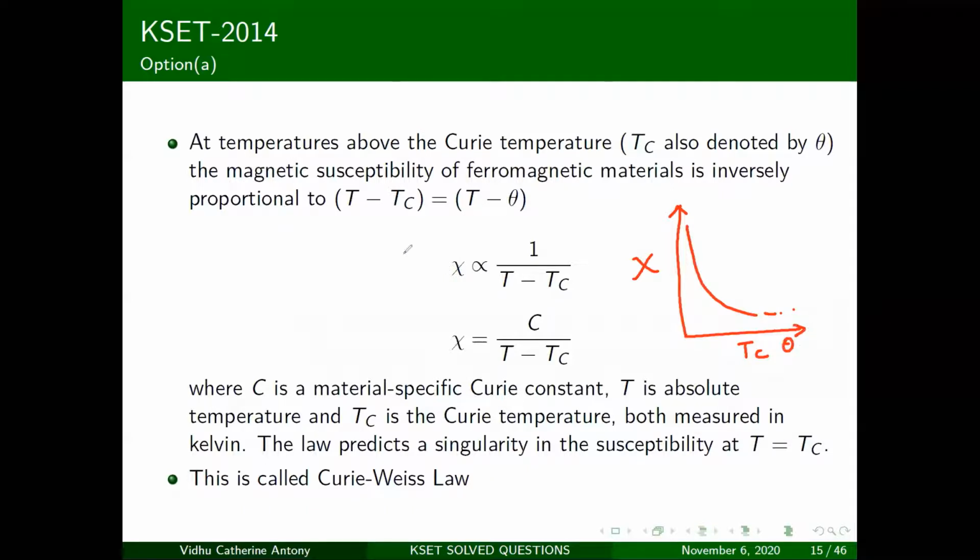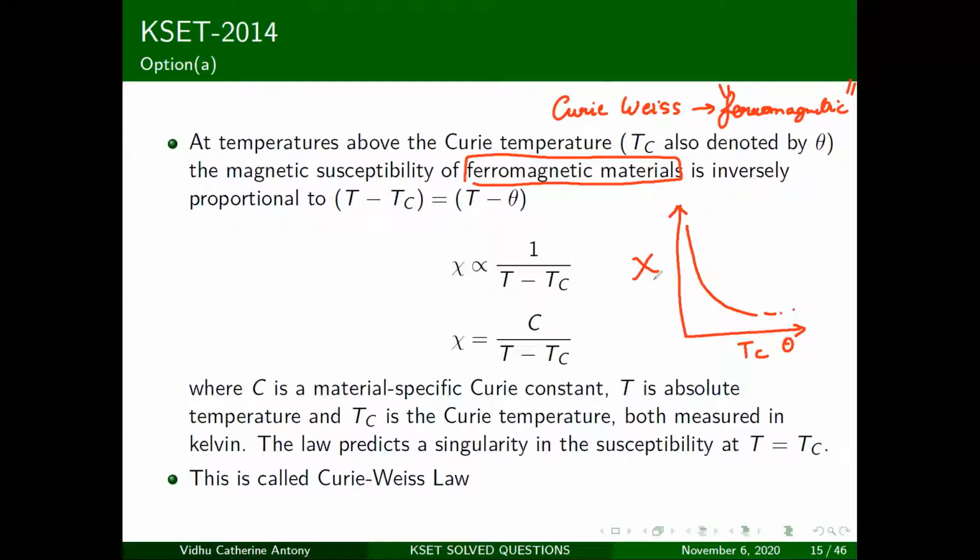Now, at temperatures above this Curie temperature, the magnetic susceptibility for ferromagnetic materials. One thing that you have to remember is that your Curie-Weiss law is only for ferromagnetic materials.